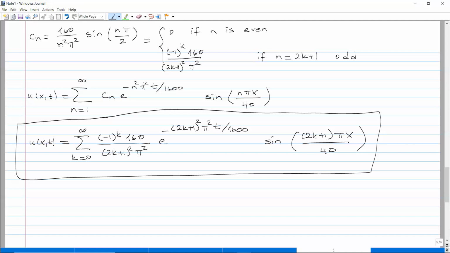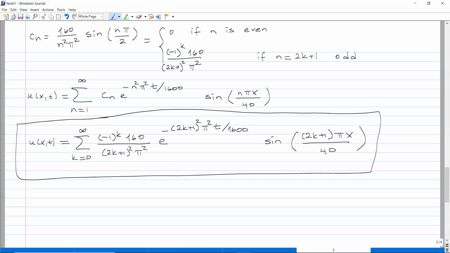Our function f is only given on the interval 0, 40, but for the convergence purposes, we consider it to be extended as a periodic function beyond 40. So we can consider this as the Fourier series, and we know that it is convergent.